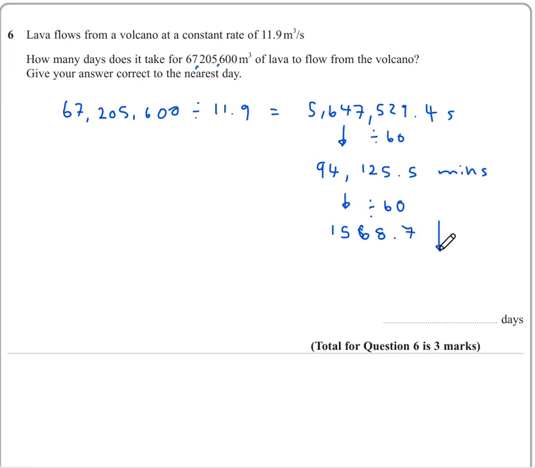And finally, we're going to change it into days. So if we divide that by 24, we get 65.36. We need to give our answer correct to the nearest day. So it's going to be approximately 65 days.